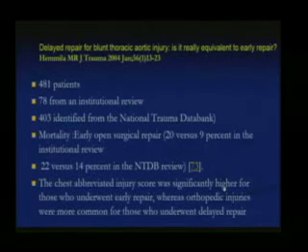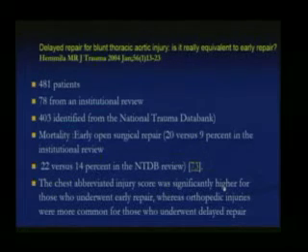Again, this is a paper on delayed repair for blunt thoracic aortic injury. Is it really equivalent to early repair? From the Journal of Trauma. They had 481 patients, 78 from institutional review, and 403 they identified from the National Trauma Data Bank. They looked at the mortality in early open surgical repair: 20 versus 9% in the institutional review, and 22 versus 14% in the National Trauma Data Bank.